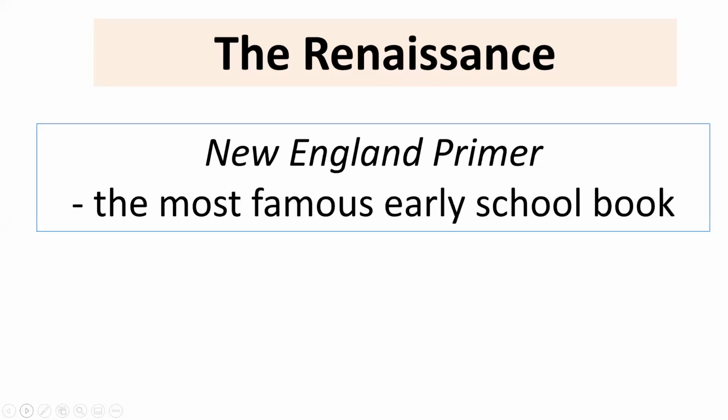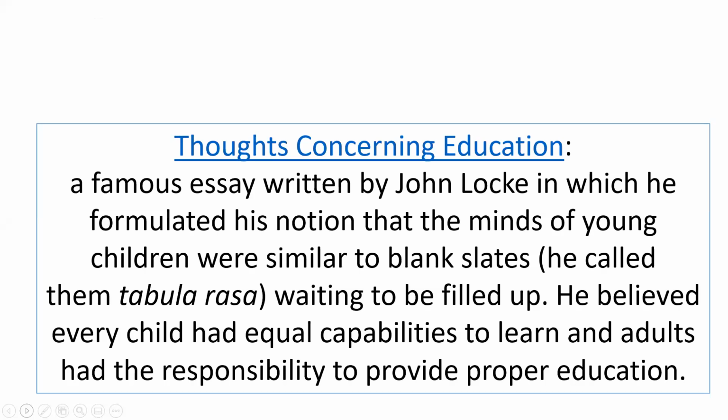Okay? Then, during this time, we also have the New England Primer, the most famous early school book. So, unti-unti nagkakaroon ng development in children's literature, especially in this literary period.